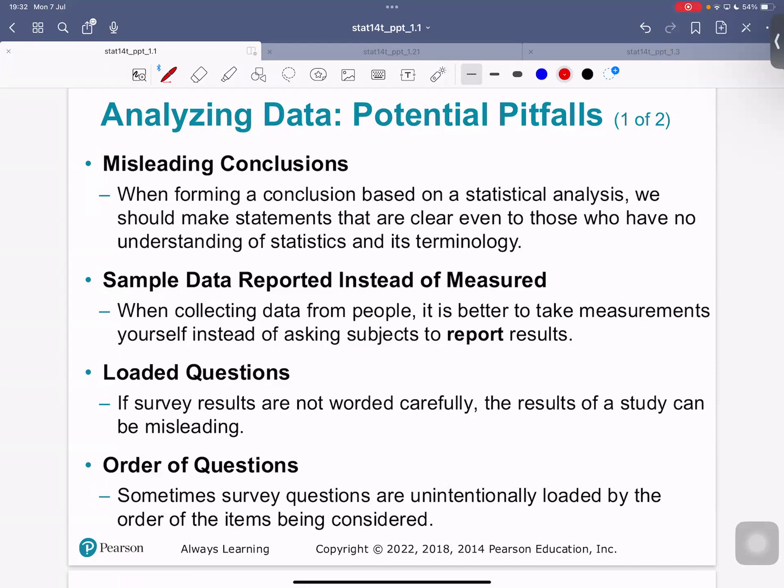Sample data reported instead of measured, when collecting data from people. What was that, Josie? I feel like it's jumping so far ahead. It's talking about hypothesis testing right there. We have not studied that yet. For hypothesis testing, we will study it in the future. It was like a sneak peek of it.